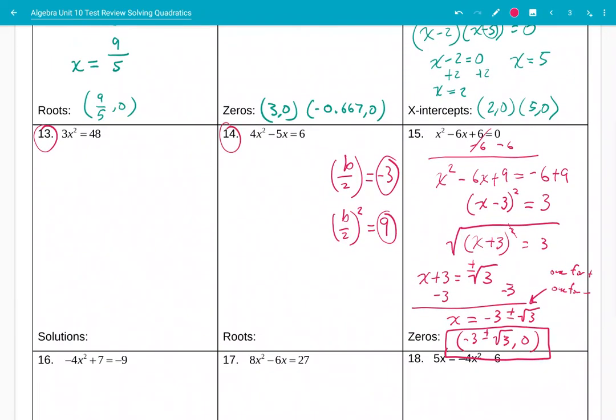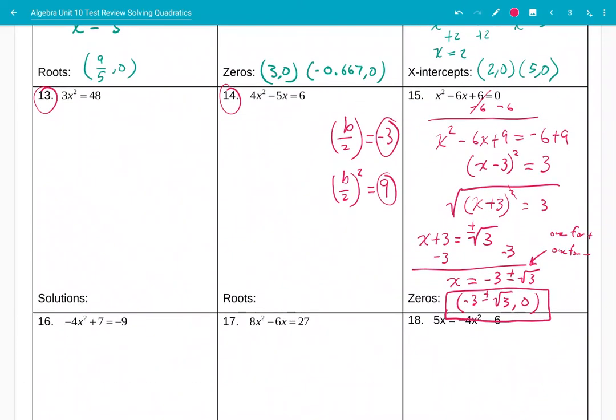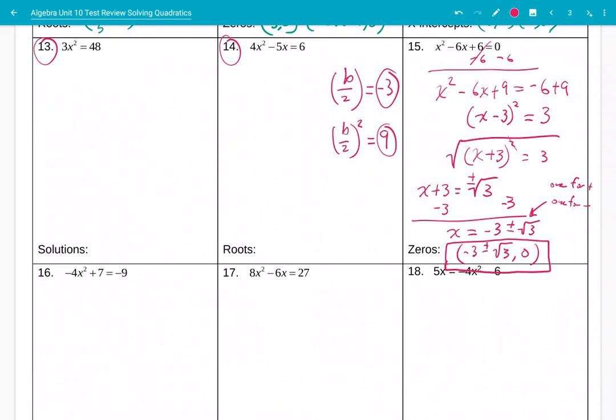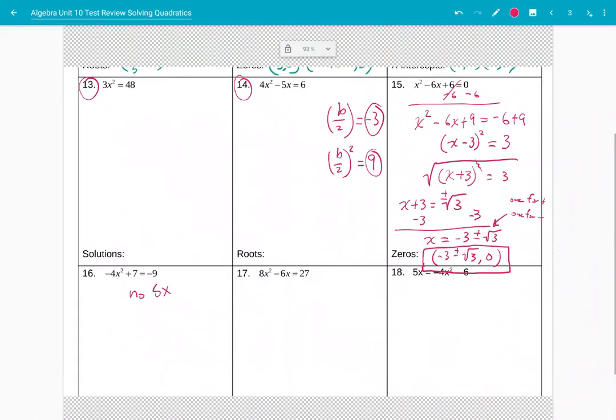This one right here, well, it's got an a value. So if you wanted to complete the square, you would need to have an a value of 1, and that will give you some fractions. So you know what? Plug all the rest of these into your calculator. Oh, look, this one doesn't have a bx term either. So there's some hints for you.